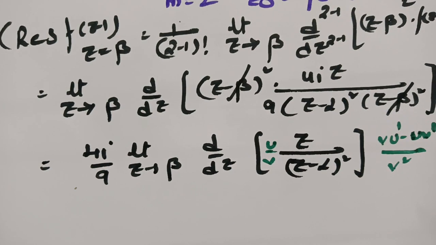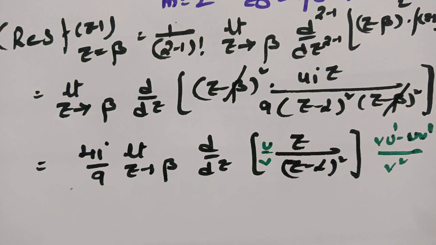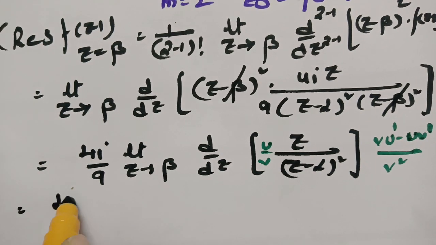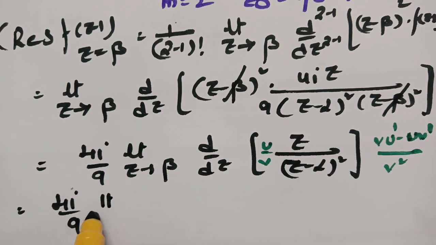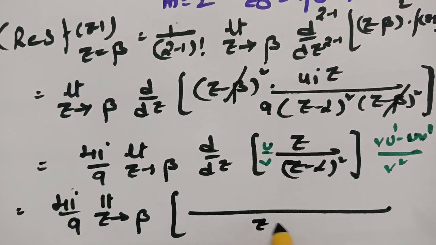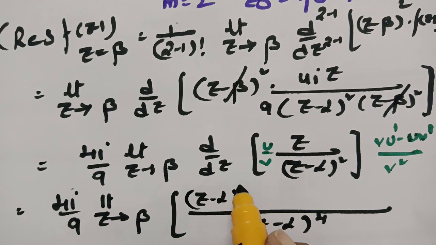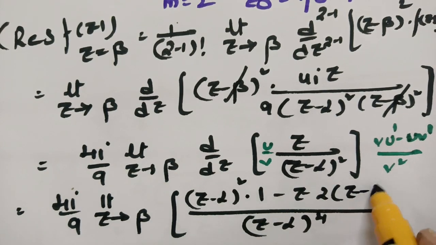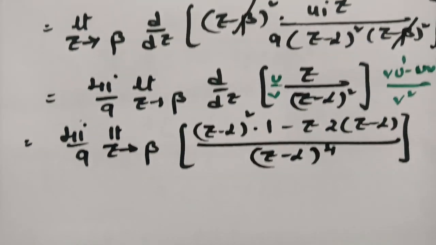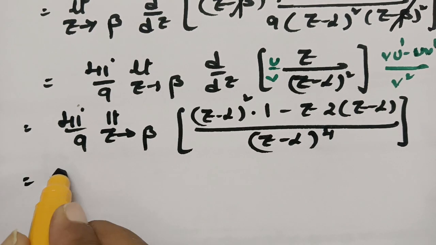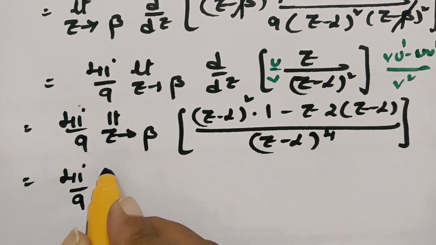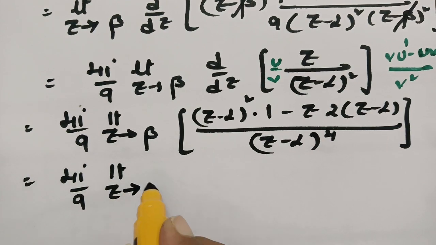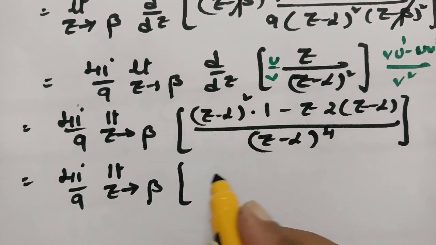So in this formula, if I keep the values, the derivative will be 4i by 9 times the limit as z tends to beta of [(z minus alpha) whole square, which is (z minus alpha) to the power 4 in the denominator, times 1 for z, minus z times 2 times (z minus alpha)].